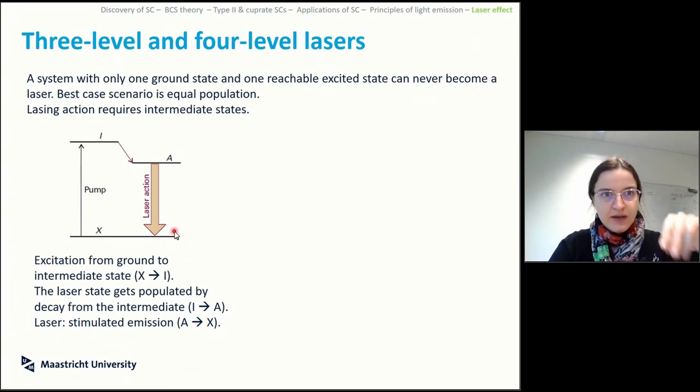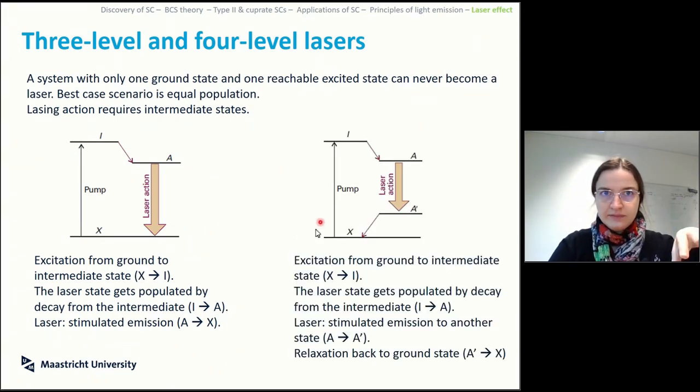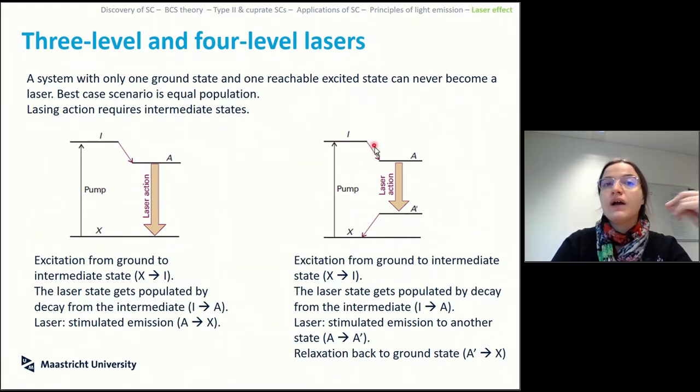Even better, it's a 3-point level system, because this makes your life even easier, even if you have very few carriers being able to get excited to the normal excited state. Because in addition to the intermediate state in which you will collapse down anything that gets excited from the ground state, you will also have a second intermediate state.